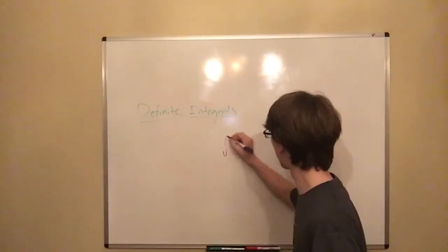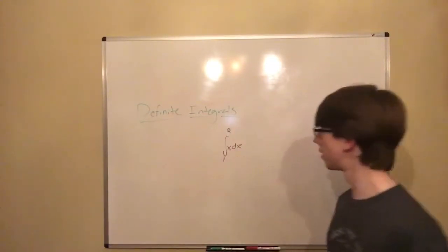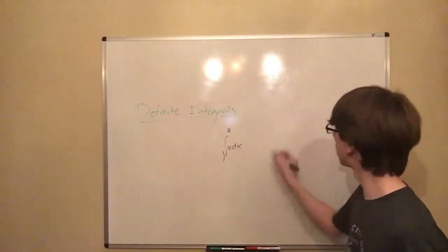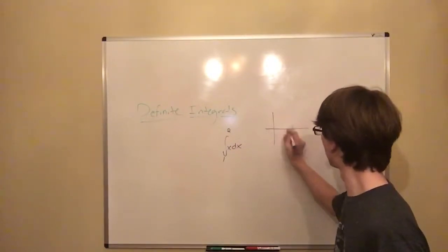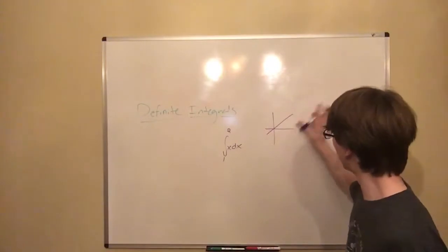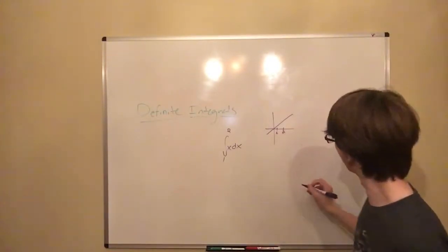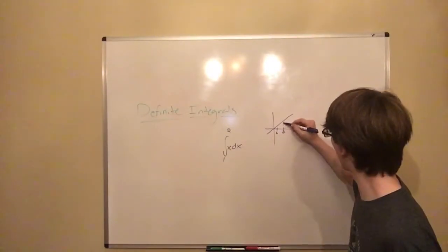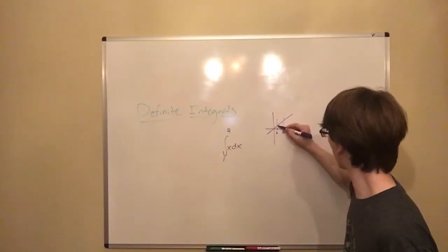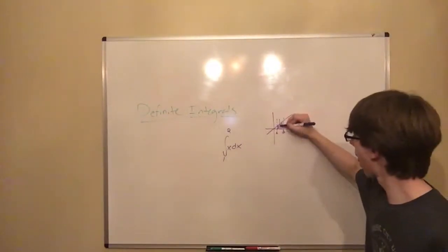So say we have the integral from 1 to 2 of x dx, right? So the graph of this function is just like that, and this is 1 and this is 2. So we're just trying to find that area right there.